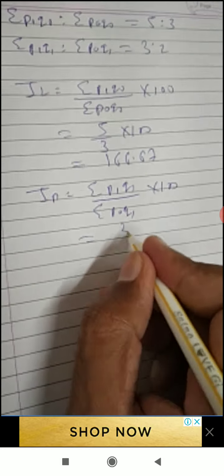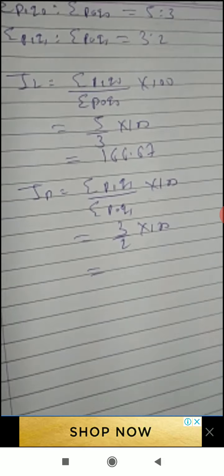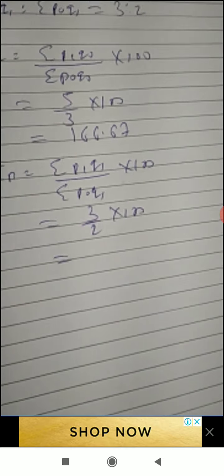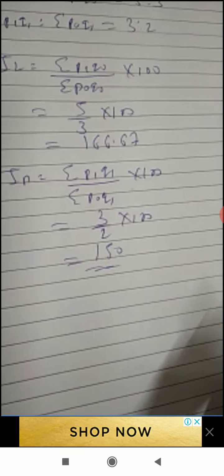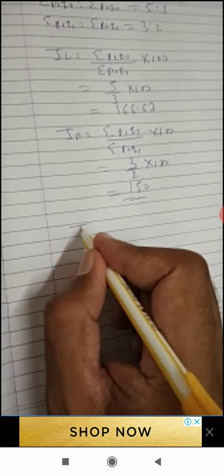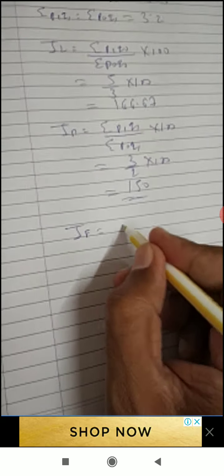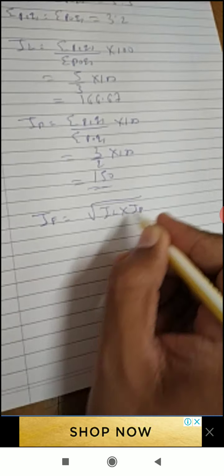So the next value is 3 by 2 multiplied by 100. So 3 divided by 2 into 100, the value is 150. Okay, the value is 150.